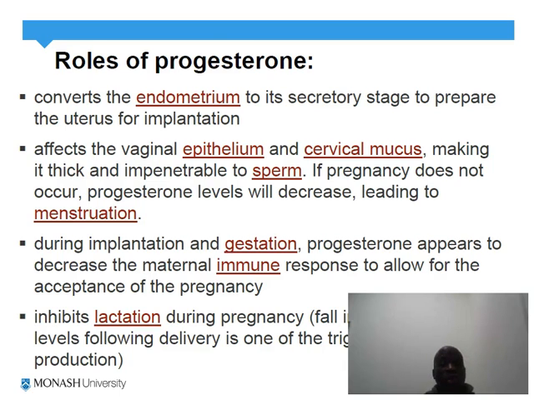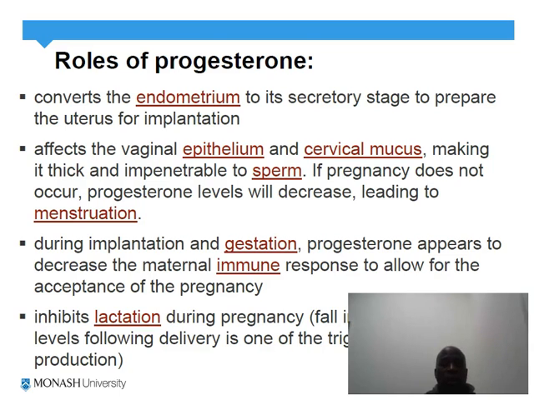Okay. Progesterone also inhibits lactation during pregnancy. Meaning that there is a fall in progesterone levels following delivery. And this is one of the things that triggers milk production. Okay.